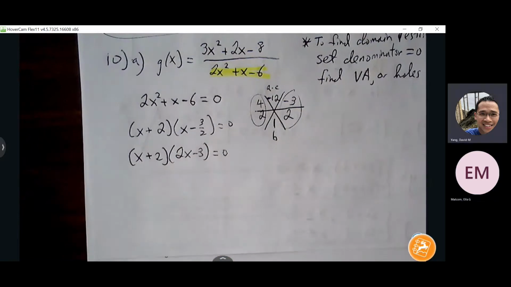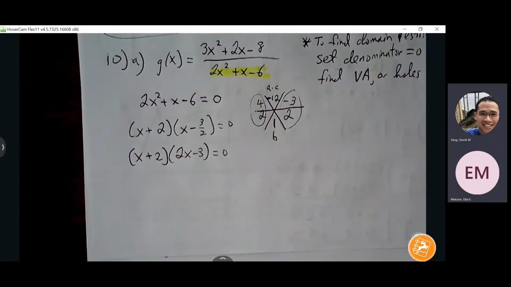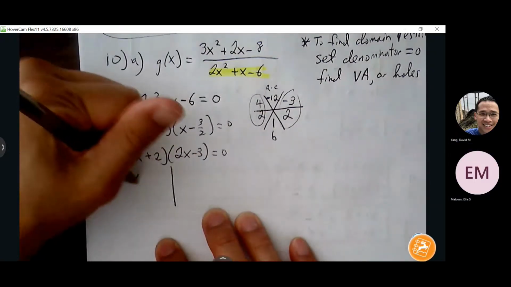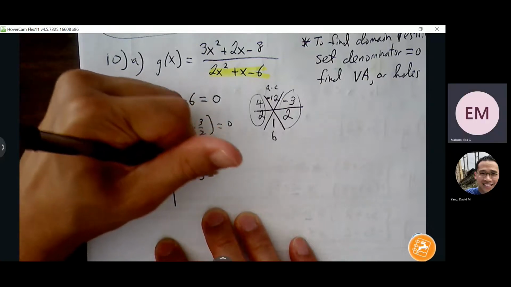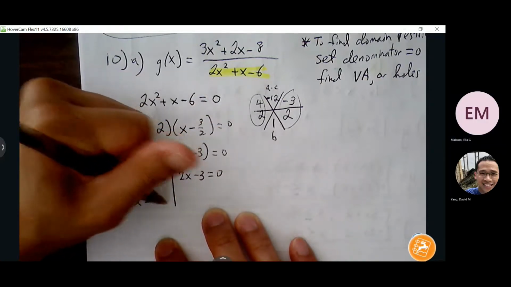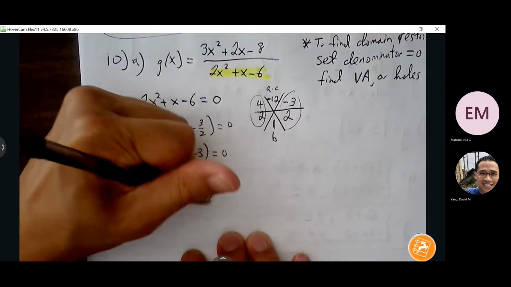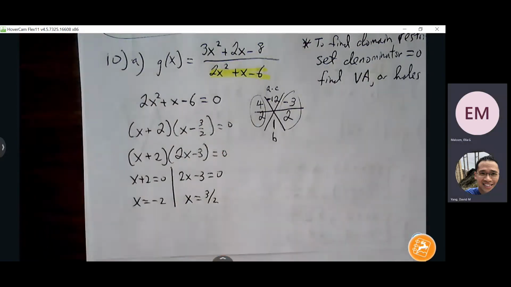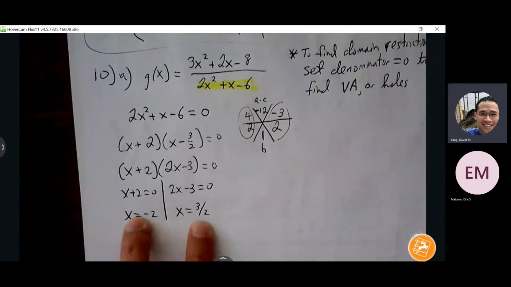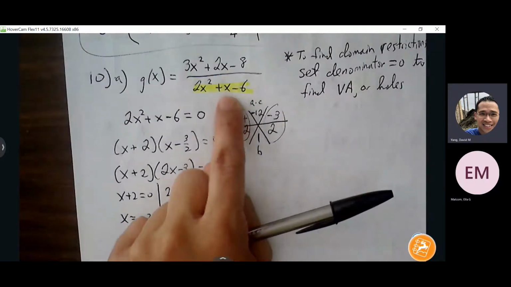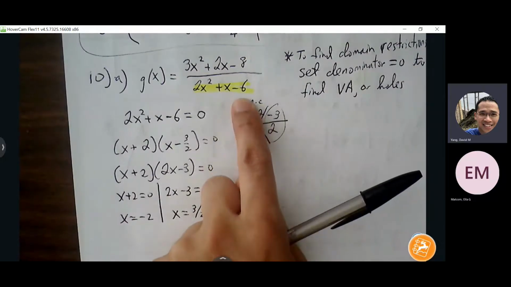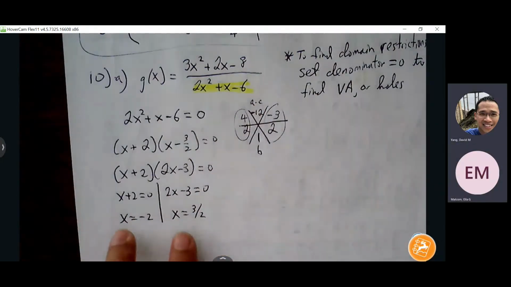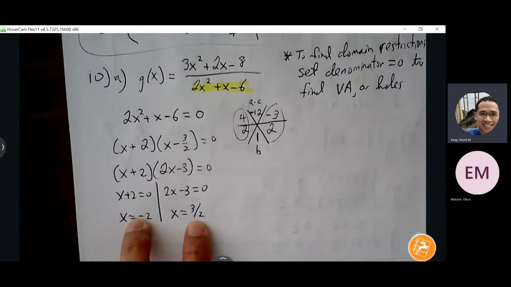Okay, is that what you got? Yes. Okay, so we set each portion equals 0. So we have two separate x values that cause the denominator to be 0. And if it causes the denominator to be 0, that means it's undefined, which means that we can't include these as part of our domain.